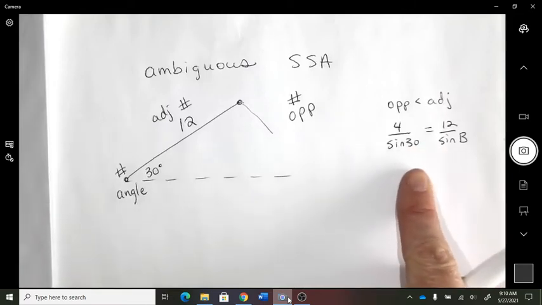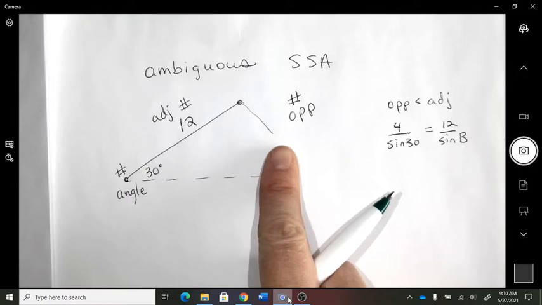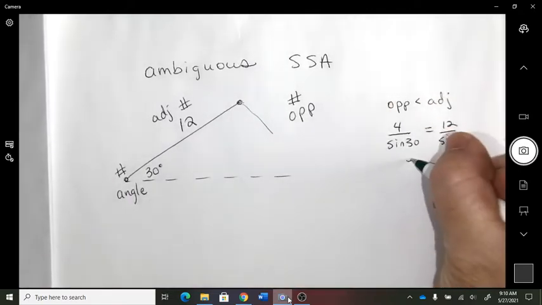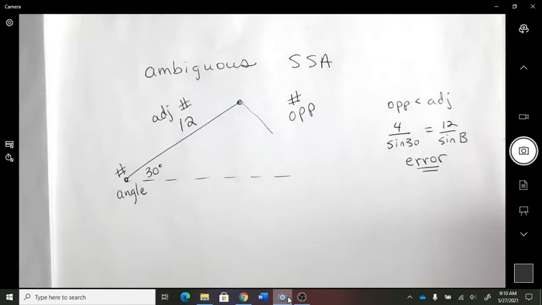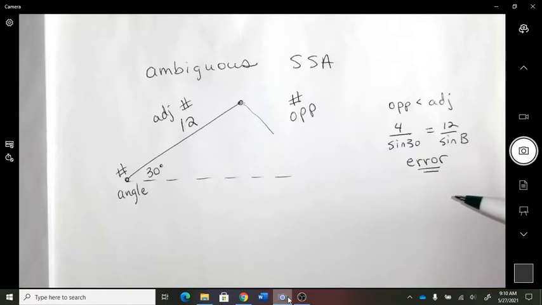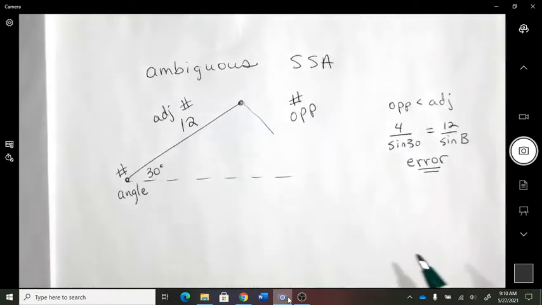It's going to say error. Okay? So if you try to do sine law and it's becoming an error, this is why. It's saying, hey, it's too short, it's not possible.